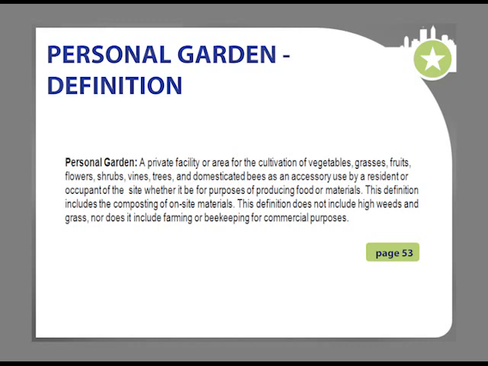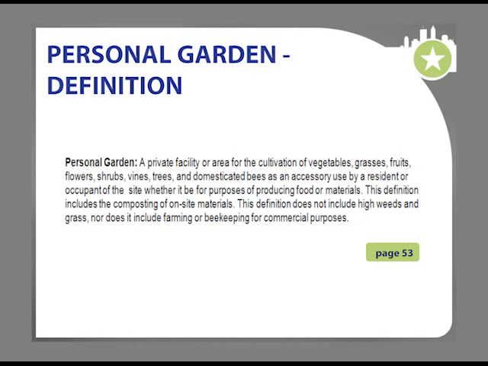We've provided a definition, and some of the key elements are it's for cultivation of vegetables, grasses, fruits, shrubs, or domesticated bees as an accessory use. It can't cover the entire lot, by a resident or occupant of the site.